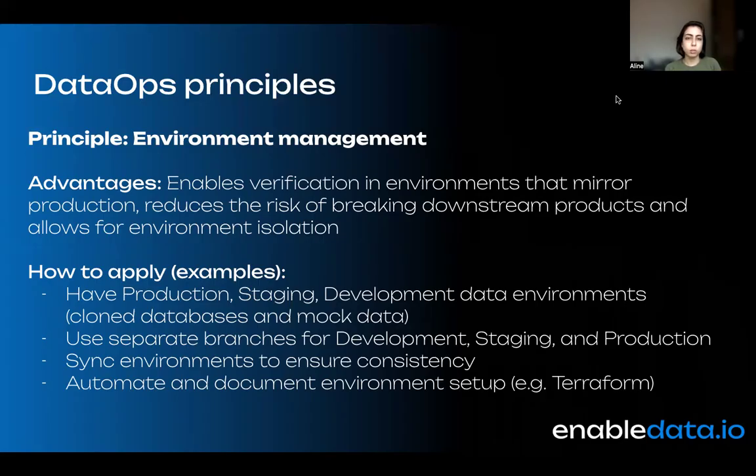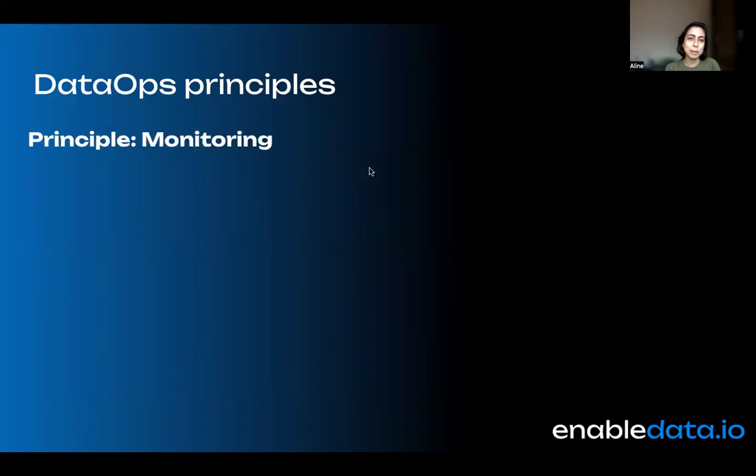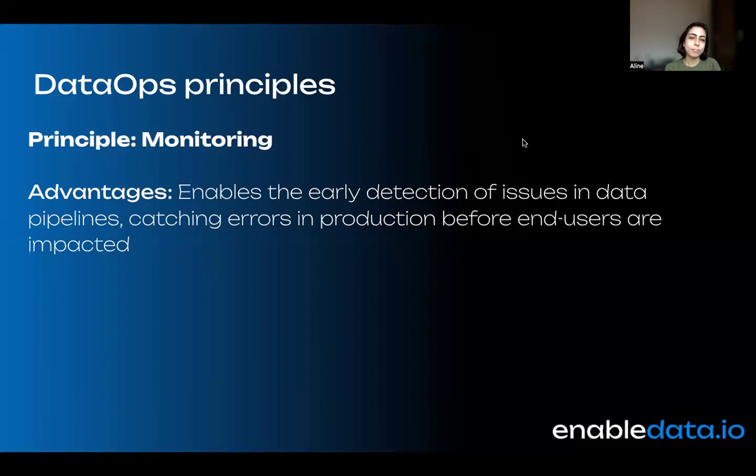So this is also something that we don't prioritize for the sake of time, but in the future it will affect you. And monitoring enables the early detection of issues in data pipelines. It catches errors in production before the end users are impacted.